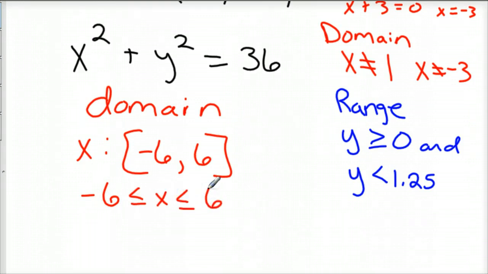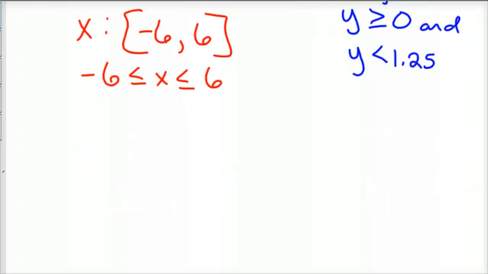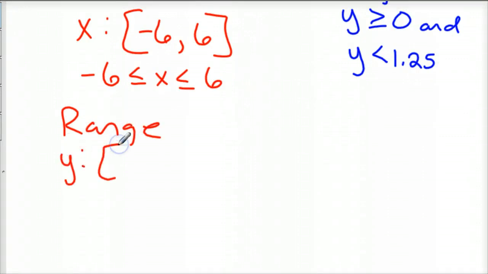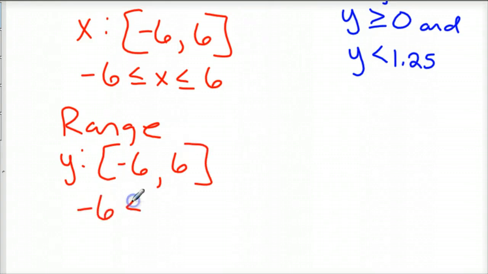Or you could simply write the real numbers between negative 6 and 6. And then for range, same thing, but it's your y values. Again, it's negative 6 to 6, or negative 6 is less than or equal to y is less than or equal to 6. Or again, I would simply state, if the symbols bother you a little bit, that the range is all real numbers between negative 6 and positive 6.